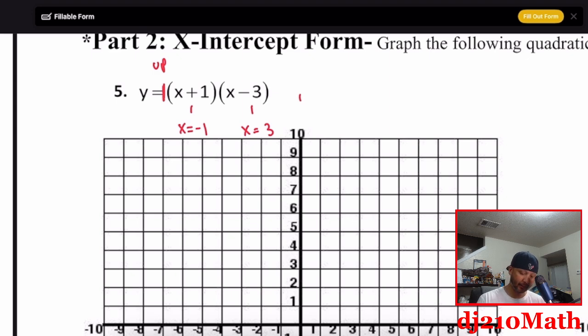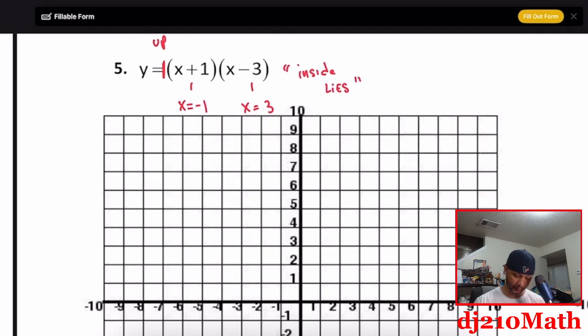Inside lies the idea here that it's always the opposite of what you see inside. You just flip the sign on the numbers that are in there. X minus 1, x equals 3. So negative 1 and 3. So these 2 points are obvious just from looking at the formula.